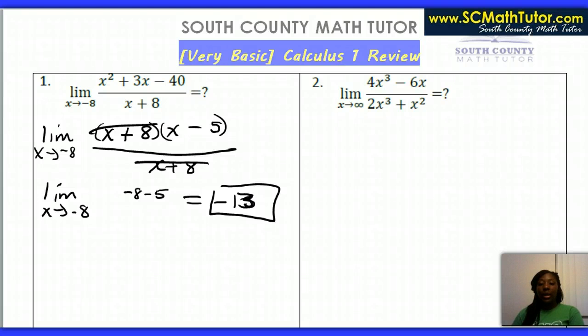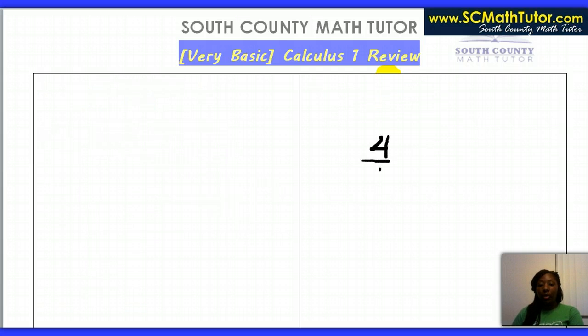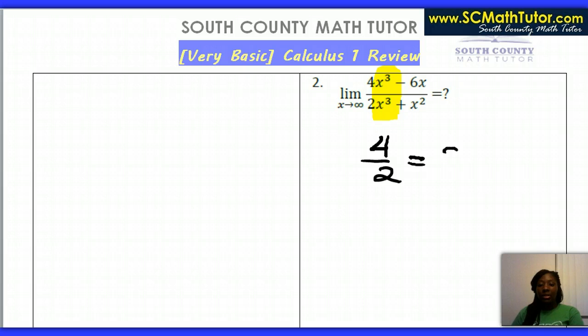Okay, number 2, limit as x approaches infinity. Okay, it's an infinity problem, and notice how the highest coefficient on the top and the bottom are the same. So when you have those two the same, all you do is take the coefficients, 4 over 2. So the limit as x approaches infinity is just 2.